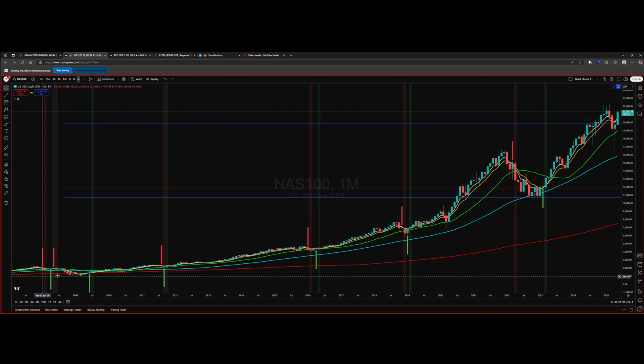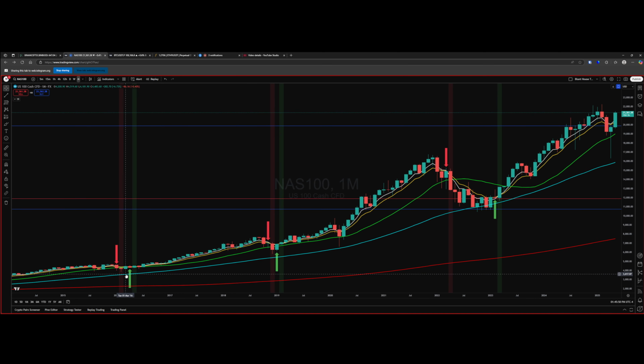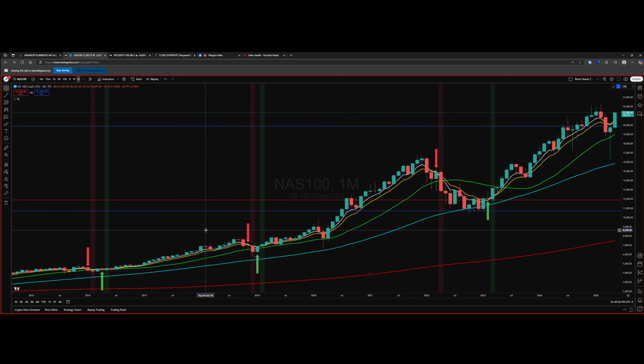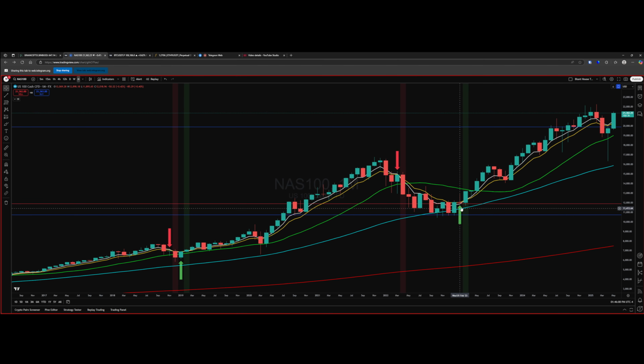So price broke the 50 back in here in 2010. All right? And basically, from what I can see, I don't think that's a touch, but it looks like it broke it in 2010. Was this in here the first touch of the 50-day moving average since 2010?